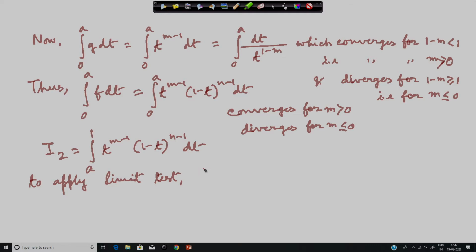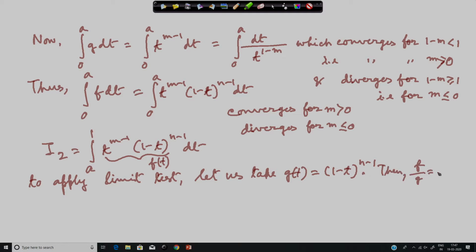Let us take g t equal to 1 minus t to the power n minus 1. If I call the integrand f t, then f by g is t to the power m minus 1. Therefore, we apply the limit as t tending to 1, because the integrand becomes unbounded at t equal to 1.